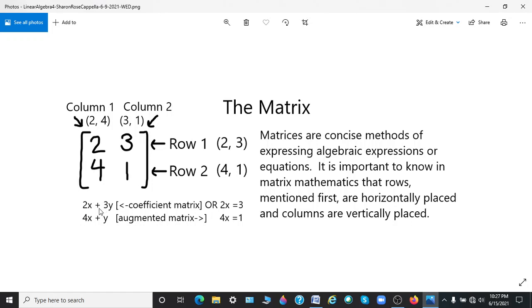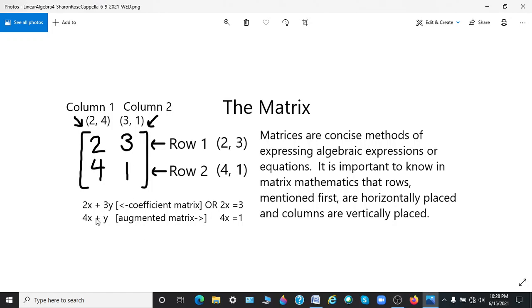Now, this is a coefficient matrix right here because it does not have an equal sign. It simply deals with the numbers that are in front of variables, and that is the coefficient matrix up here. The coefficient set of equations yields this coefficient matrix.